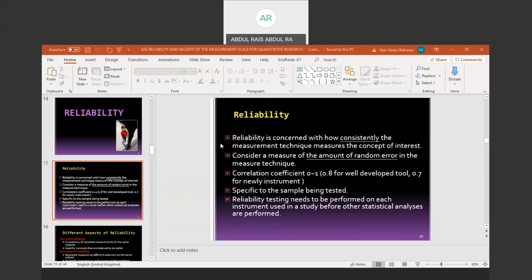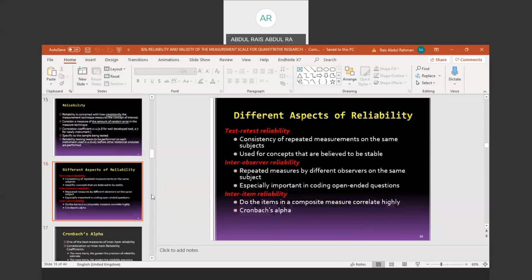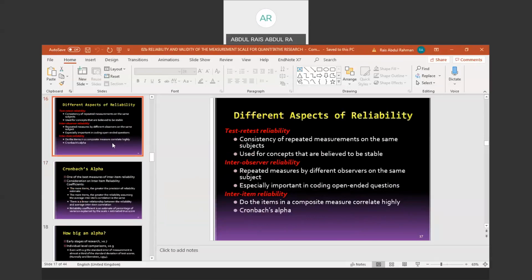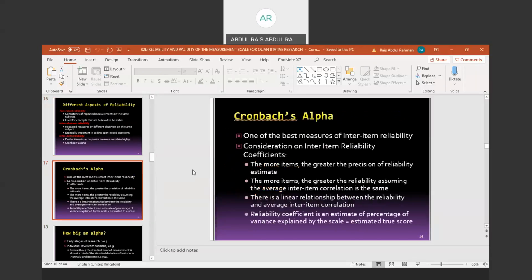Okay, you have to do the reliability test before you do the validity test. Okay, these are some of the different aspects of reliability. You boleh baca sendiri.